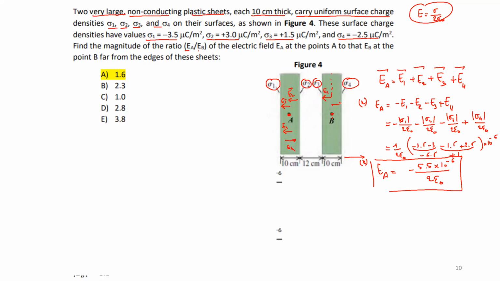E2 will be pointing in this direction because sigma 2 is positive. Sigma 3 is positive, so it will be pointing away, E3. And finally, sigma 4 is negative, so it will be pointing towards.